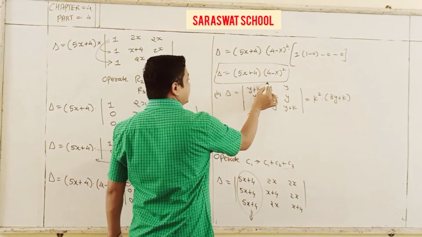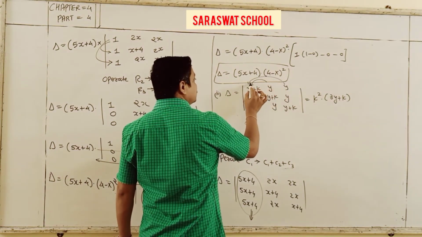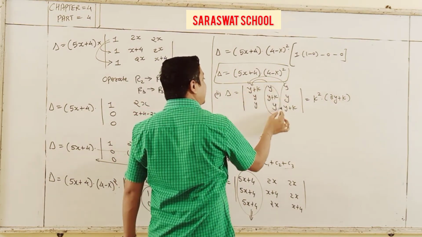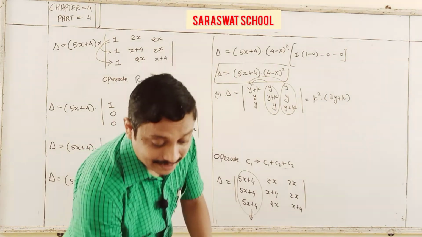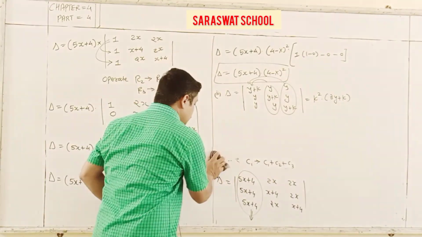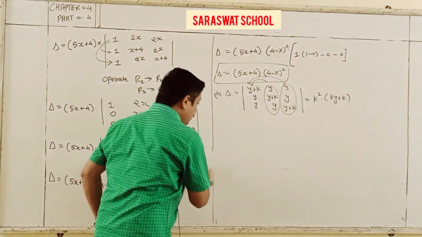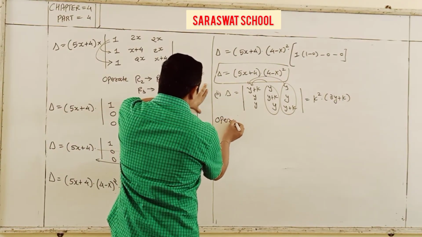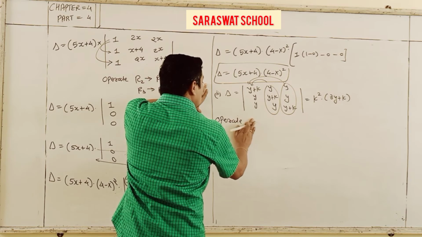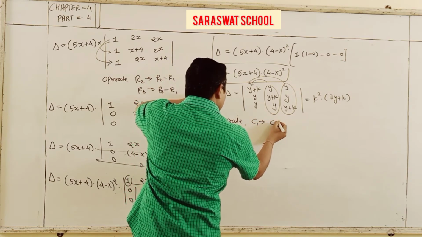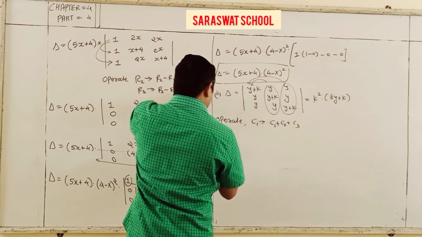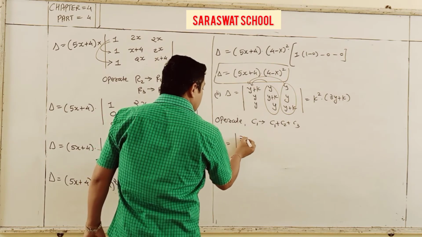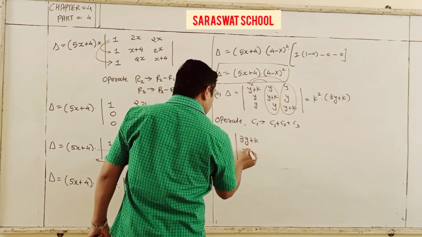Look at that. These are additions. First column is added with the second and third columns. So very easily you will get 3y plus k. So operate column 1 plus column 2 plus column 3. It is 3y plus k.